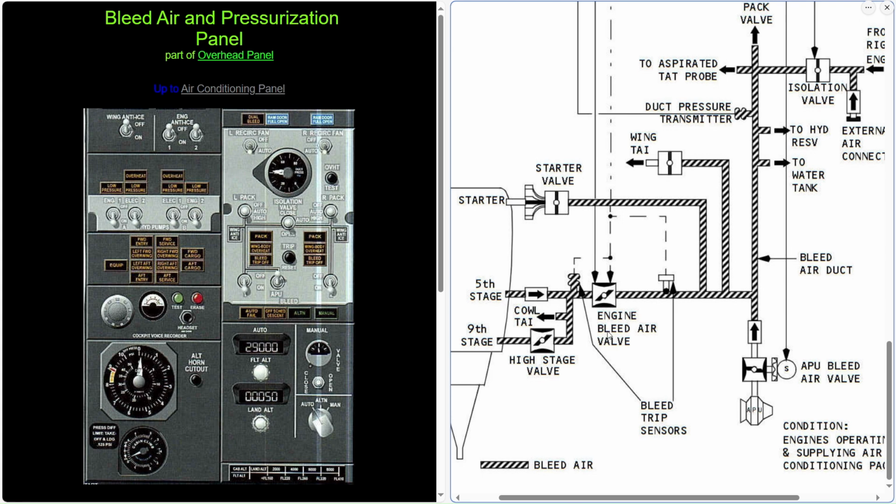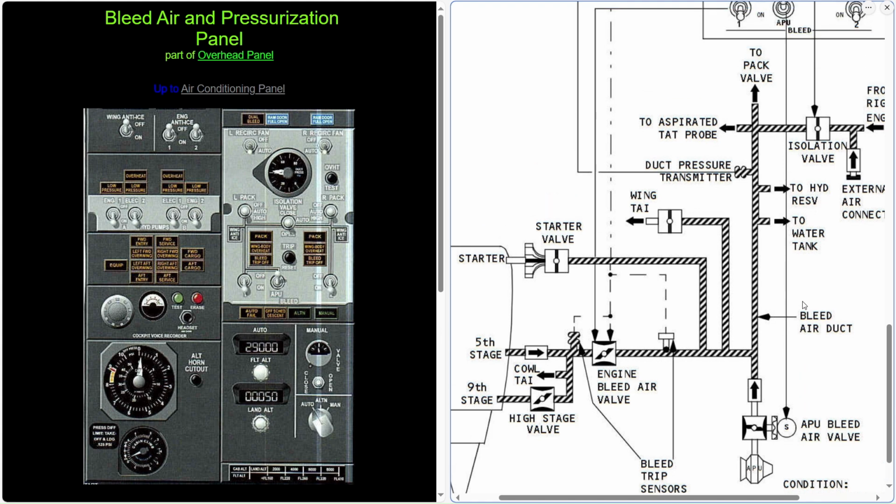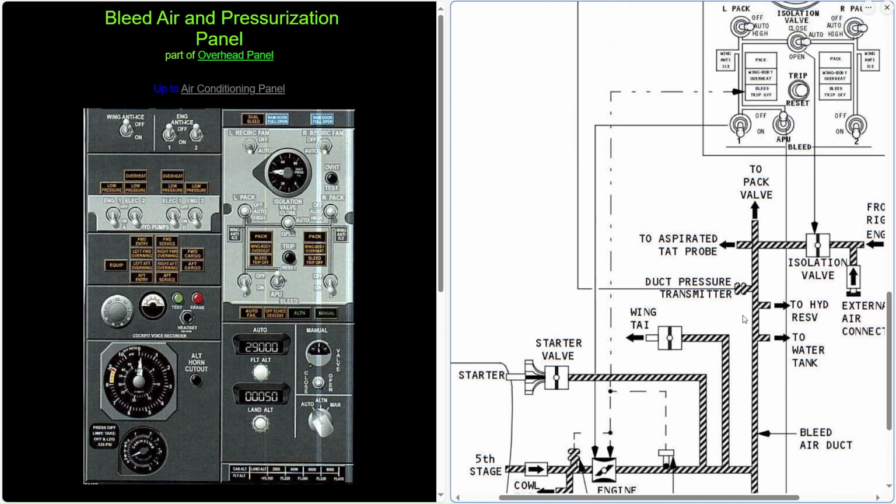The bleed air valve here opens it up, and as you can see, it goes into this bleed air duct. Now that bleed air duct comes in, and we have the water tank. It pressurizes the water system, so you can have the water on the aircraft, like the tap water or the water that's very important to make the coffee.